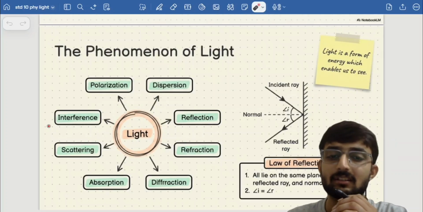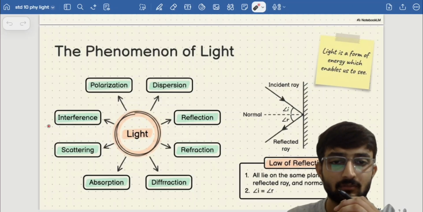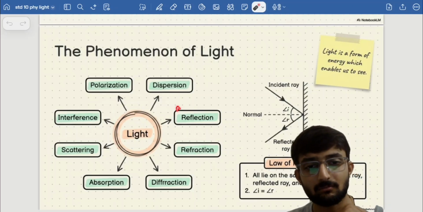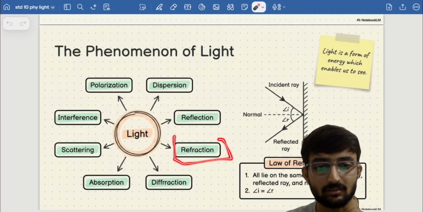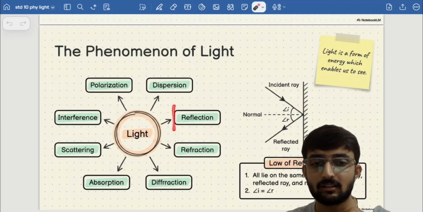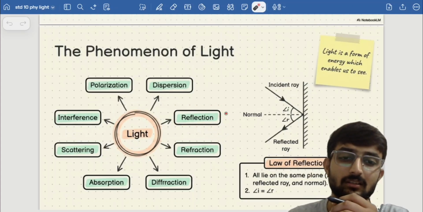In standard 10 CBSE, we just learn about reflection and refraction, but in this video we are just going to learn about reflection. That's why reflection is today's superhero.